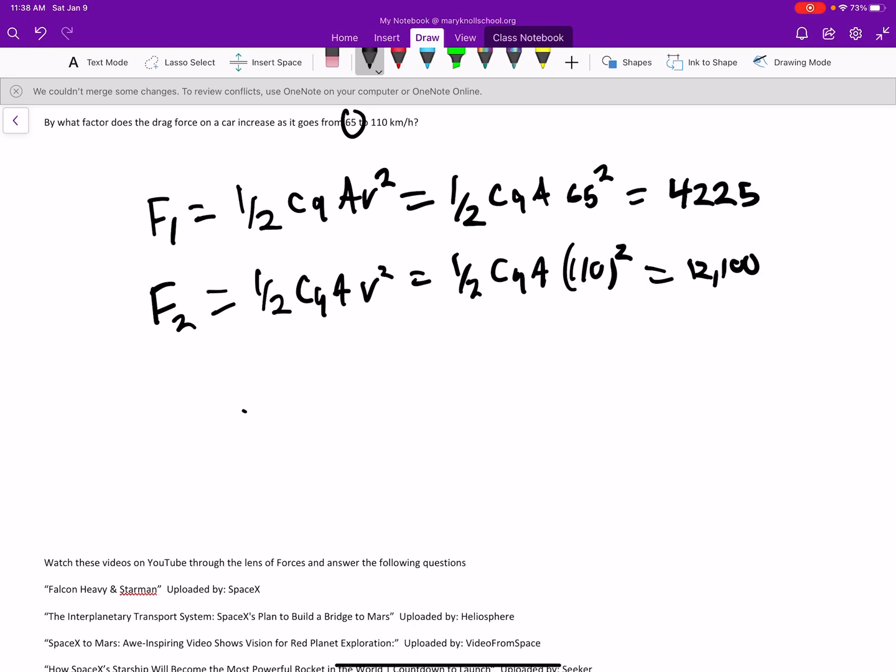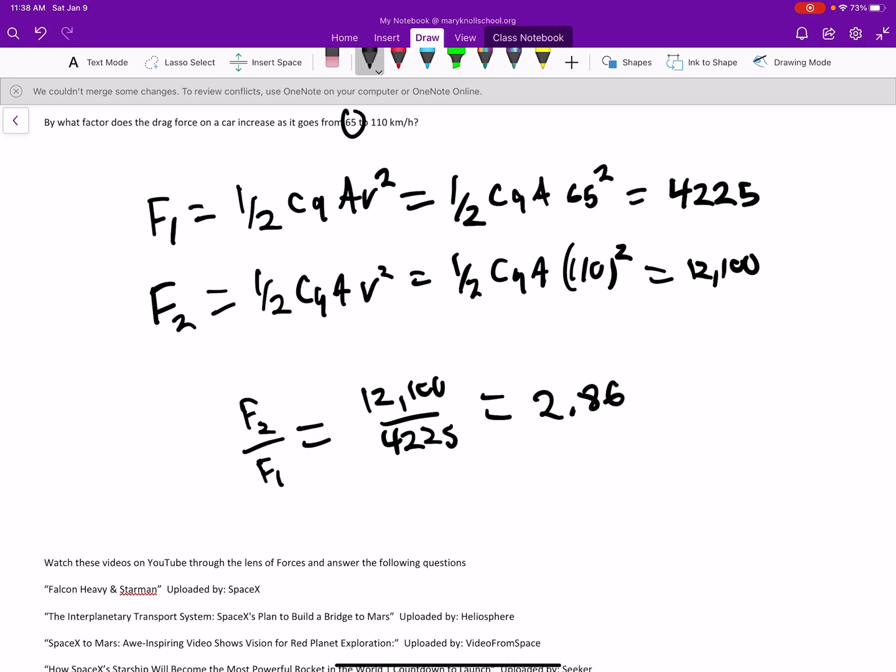Force 2 divided by force 1, 12,100 divided by 4,225. And we get 2.86. It nearly tripled when we go from 65 kilometers per hour to 110 kilometers per hour.